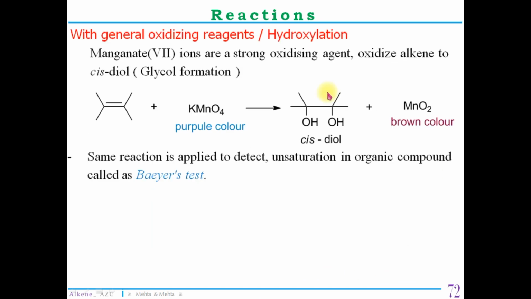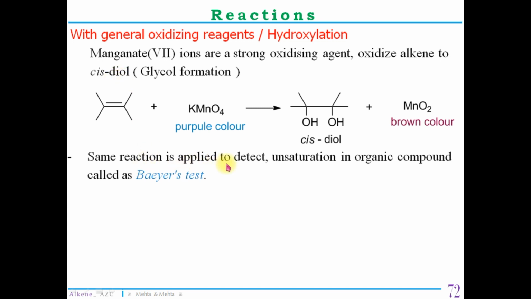First reaction: alkene reacts with an oxidizing reagent, also called hydroxylation or glycol formation, where the manganate ion, a strong oxidizing agent, oxidizes alkene to a cis-diol.